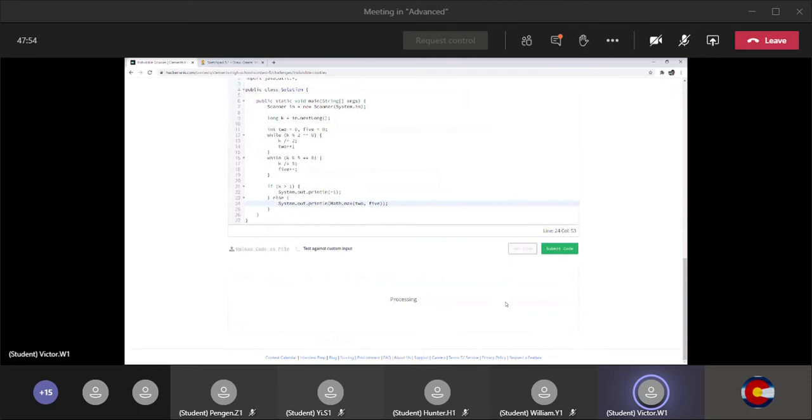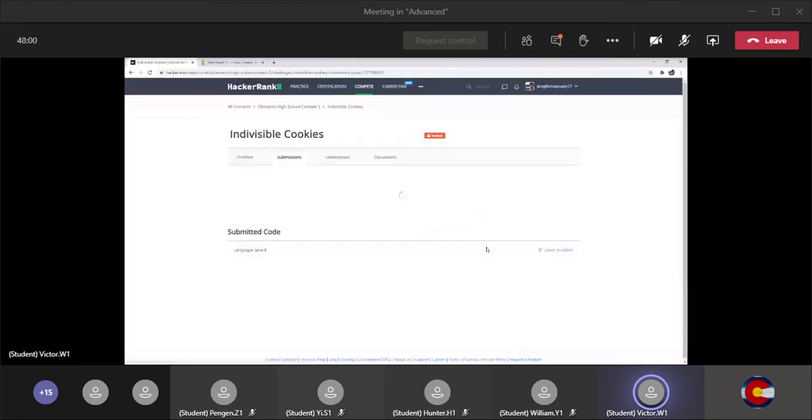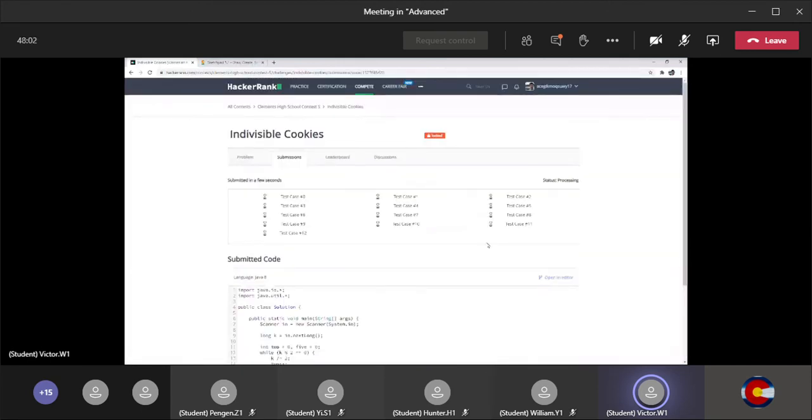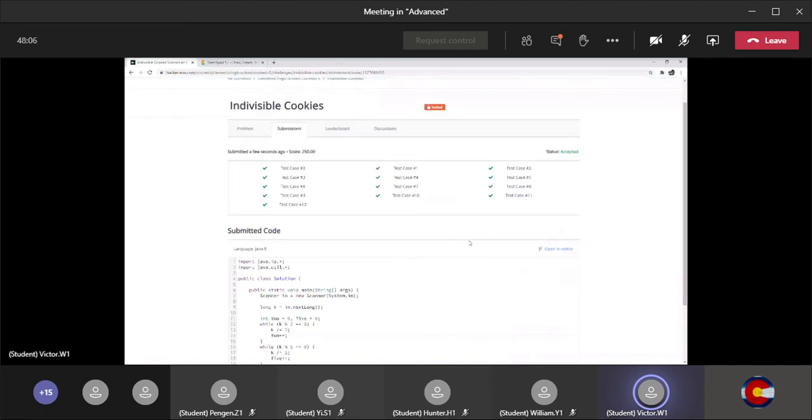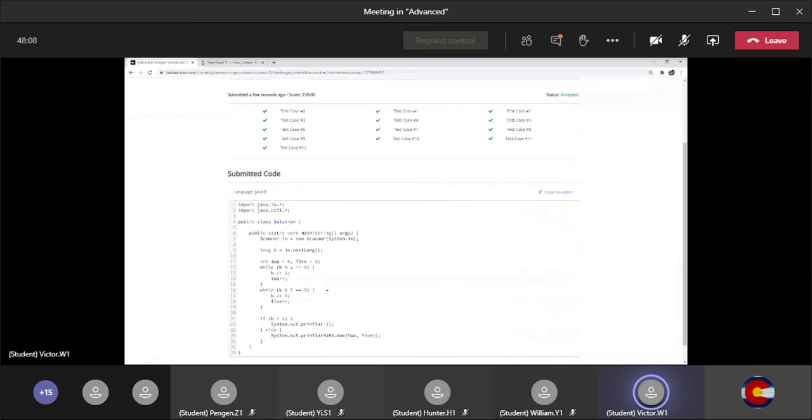So let's see if this works. Okay. One other possible solution to this problem is to just construct all the powers of 10. You can start at 1 and keep multiplying by 10 and check if your current power of 10 is divisible by k.